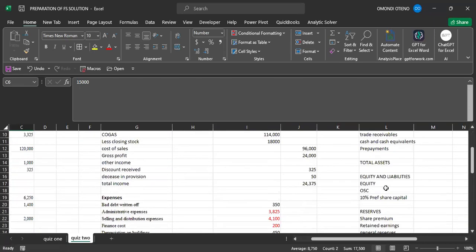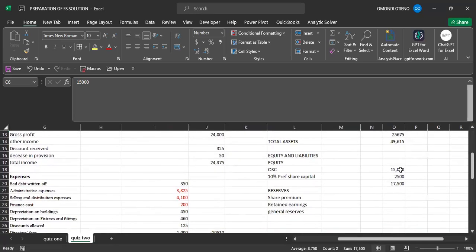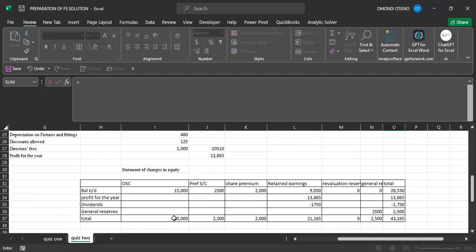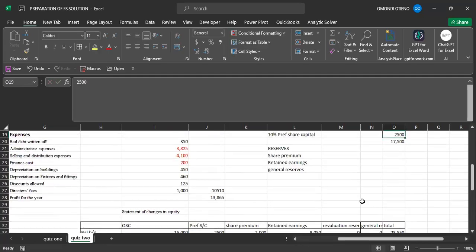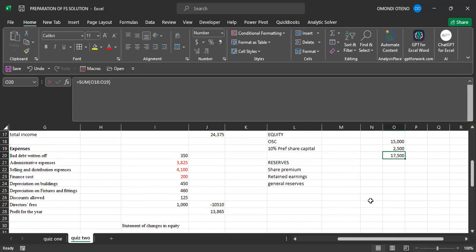So you don't pick it from the trial balance again. We pick it from the statement of changes in equity. Even if the figure is the same, I should pick it from this point to tell the examiner that at least I understand what I'm doing.